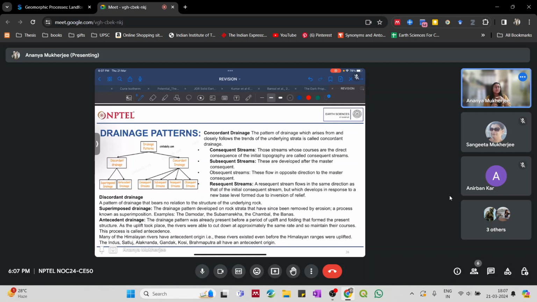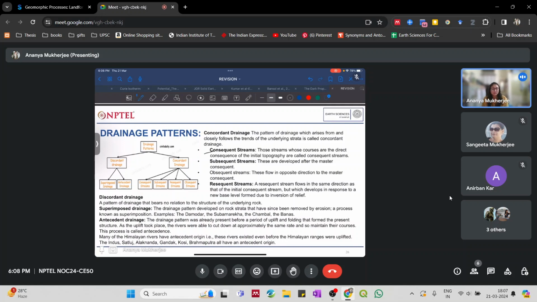So concordant is when the drainage pattern is following the structural and geological features that are present over there. So if there is a fracture present, and mostly the fractures are controlling the evolution of the drainage pattern in that place, that would become a concordant drainage pattern.